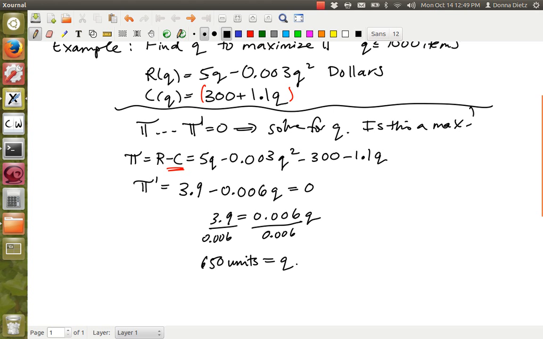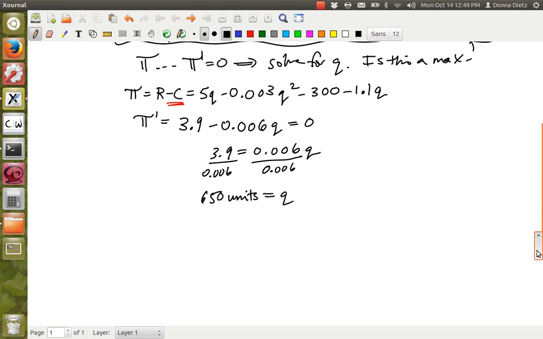equals Q. And there's more than one way of showing all work or justifying that that's actually the correct maximum. You could simply say this is a concave down parabola, therefore it has exactly 1 max, and here it is. Or another possibility you can just say Q is equal to 0, 650, or 1,000 must be the max, right?